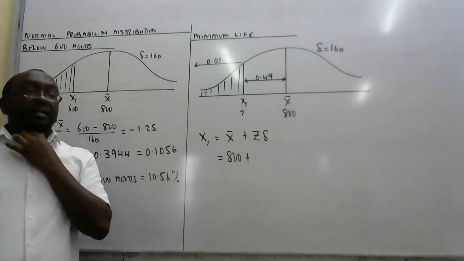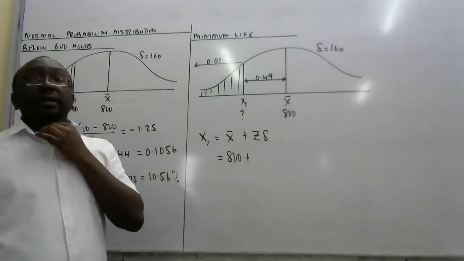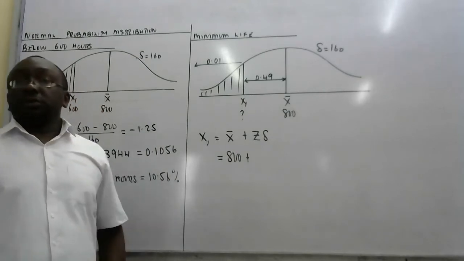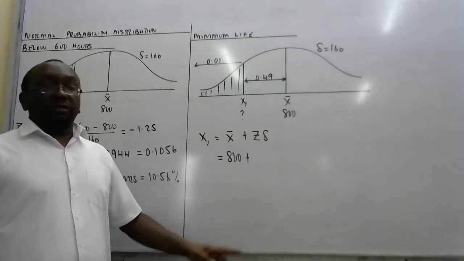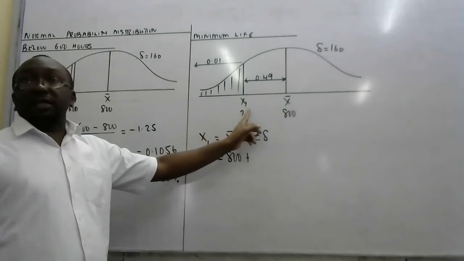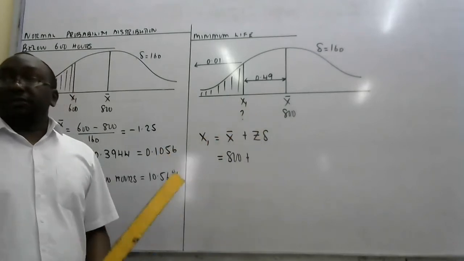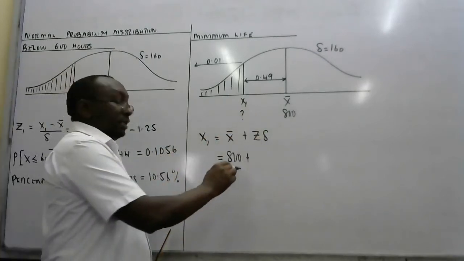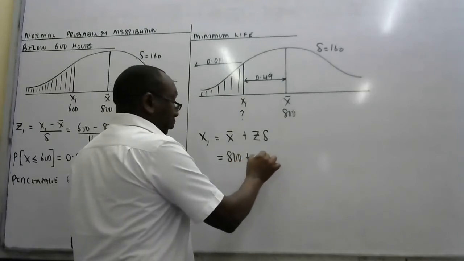Where you find it, 2.33, and because these values are on the lower side of the mean, it should be negative. So the value Z should be negative 2.33.